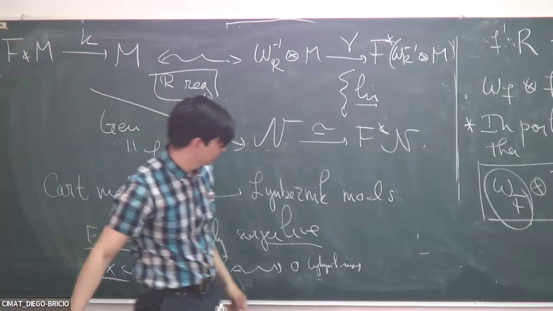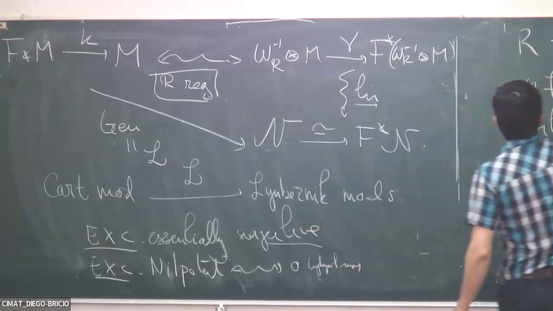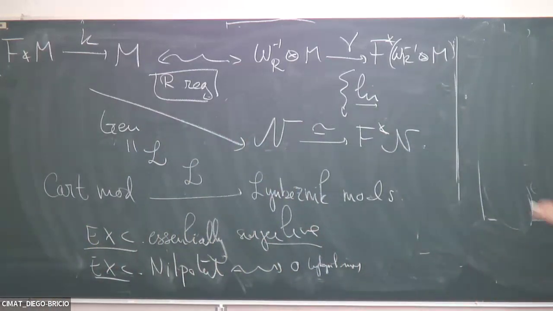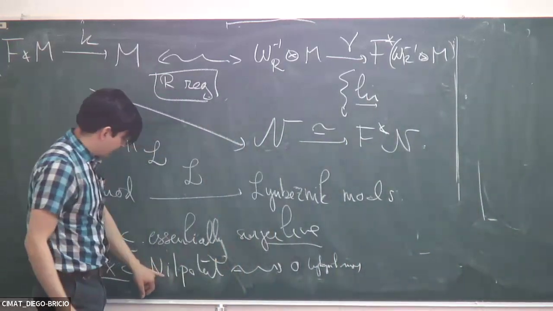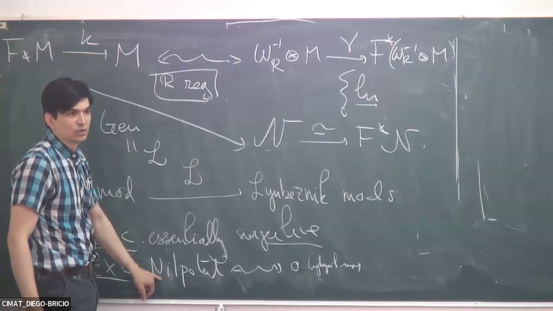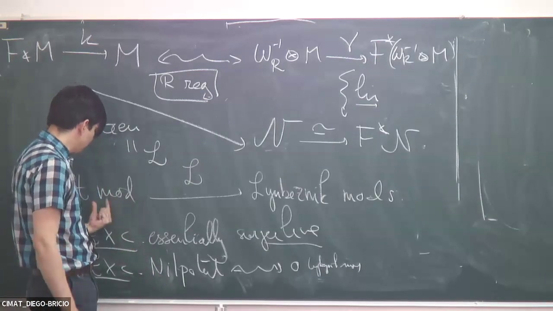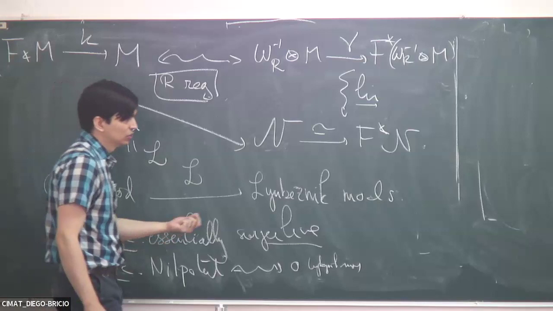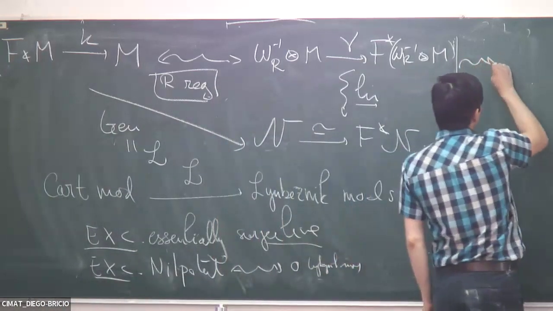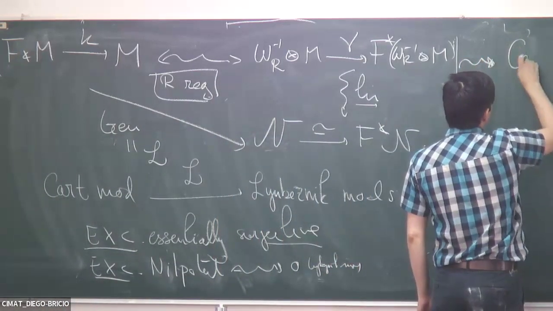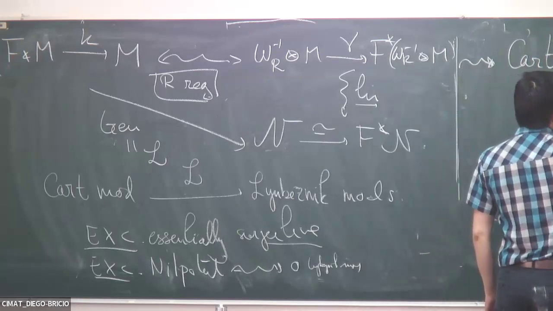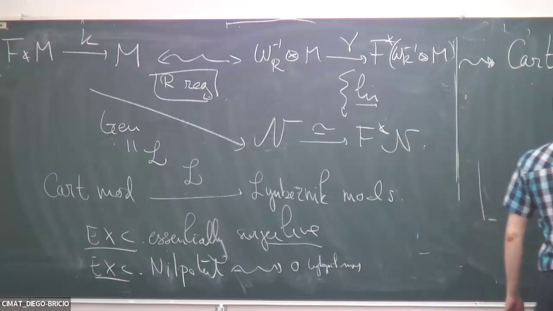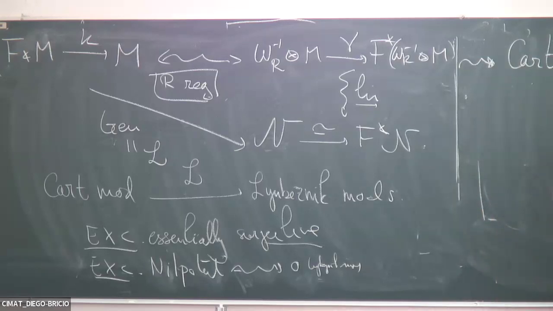So what that means, very formally, if you have a functor from a category to another category, and that kills a subcategory, automatically that induces a map from the localization to the localization. So this means that what you really have is a functor from Cartier crystals to Libesky ones.